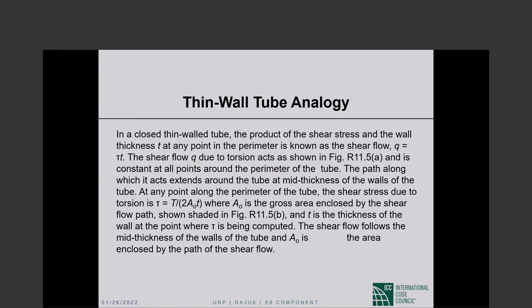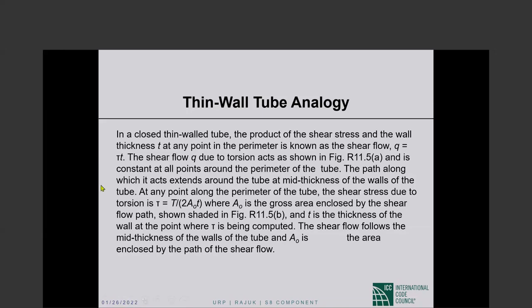At any point along the perimeter of the tube, the shear stress due to torsion is tau equal to T, the torsion causing the stress, divided by 2 A sub 0 times t, where A sub 0 is the gross area enclosed by the shear flow path.